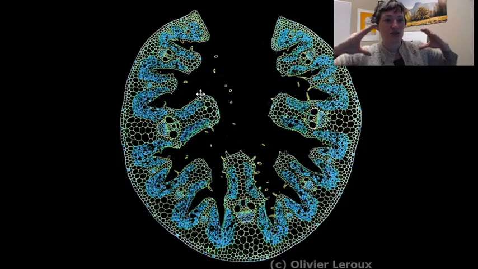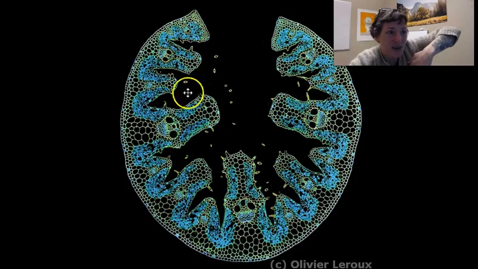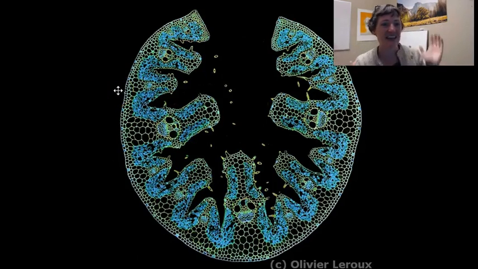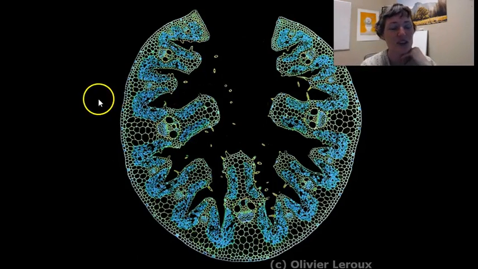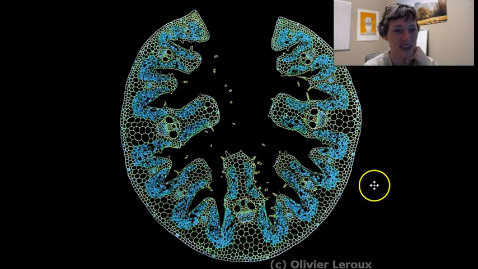So when those cells shrink, they pull the other epidermis around, and that's what causes this leaf to curl. We'll look at those cells specifically when we look at leaves, but they're called bulliform cells. All of this is to prevent an excessive amount of water loss, because water in plants is all important.